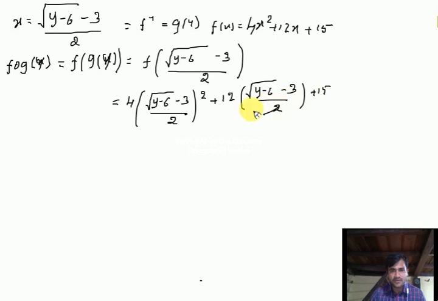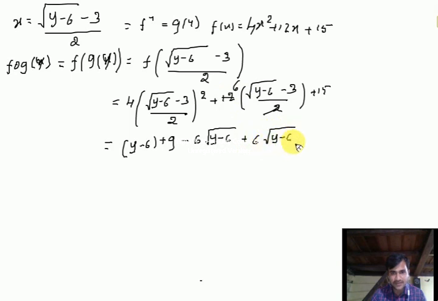So here 2 square and 4 get cancelled. We have square root of y minus 6 minus 3 the whole square. It will be y minus 6 plus 9 minus 6 times square root of y minus 6, plus, if you multiply this one, then again you will get 6 into square root of y minus 6 minus 18 plus 15. Therefore this y minus 6 and this y minus 6 get cancelled.